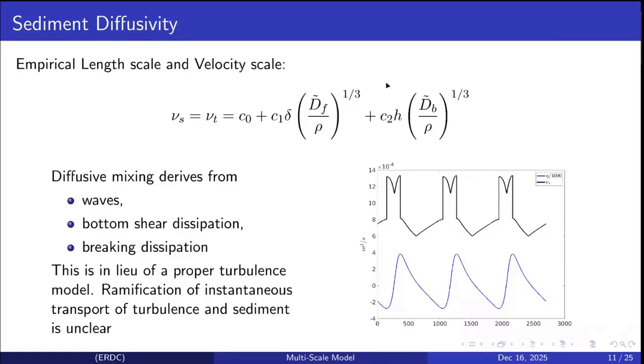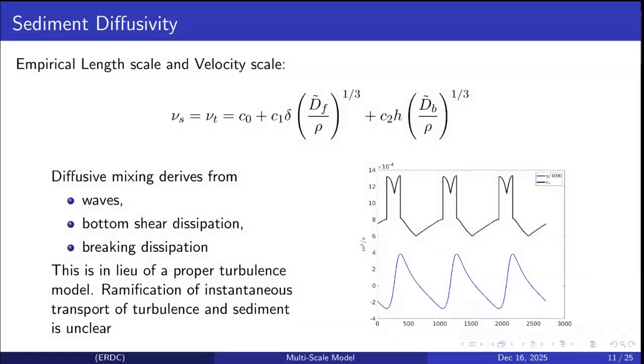Now, there aren't really published values for these coefficients, so we're more or less using these as free parameters in this model. Although in the case of the breaking dissipation, there are some data that are available, published, not calculated and published. So we do try and use those.